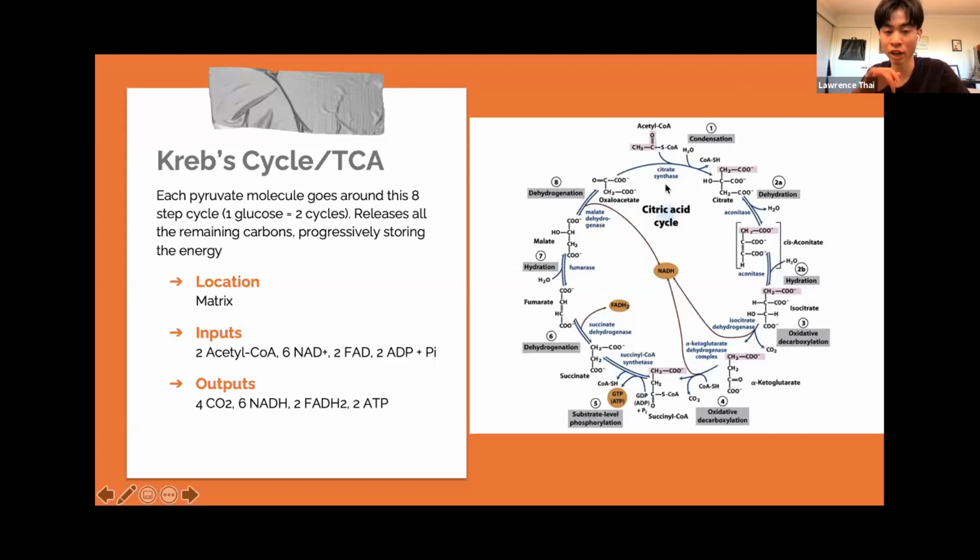Just like glycolysis, where we invest 2 ATP at the start, we combine the oxaloacetate, a 4 carbon molecule, with acetyl-CoA, a 2 carbon molecule, and we form citrate, which is a 6 carbon molecule. So we make it bigger and then we reduce it.